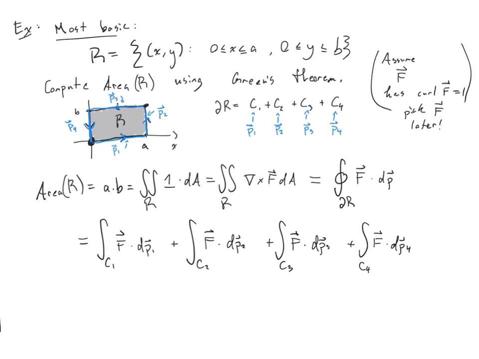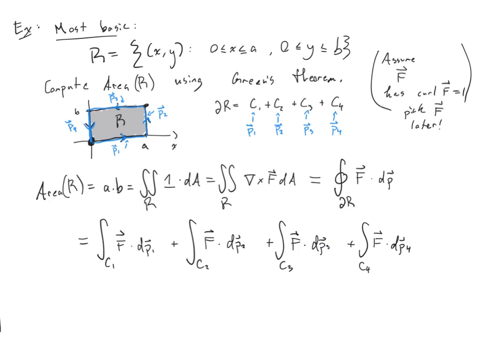Okay, and now for each one of these, I can choose a way to parameterize. The way I see it, P1, P2, P3, and P4 each have a constant coordinate. Each one of them is either at 0 or at b or at a or at 0, in one of the components.